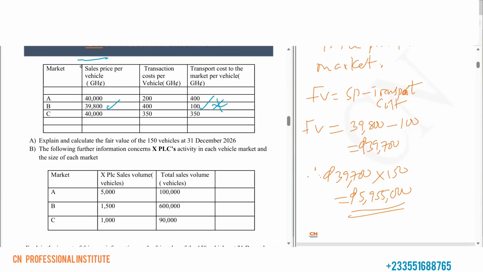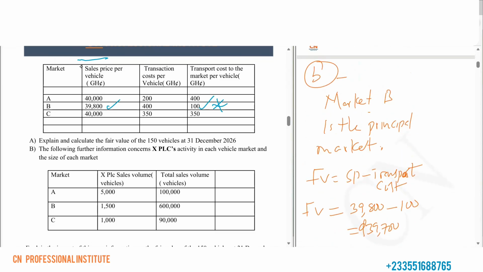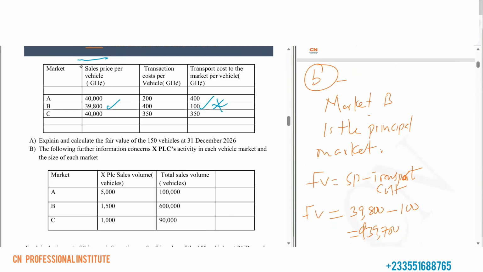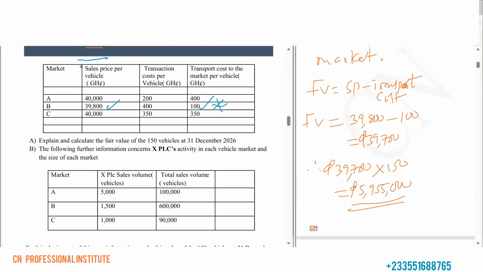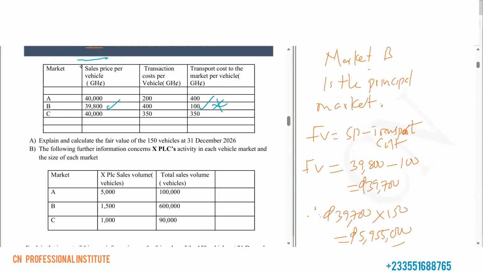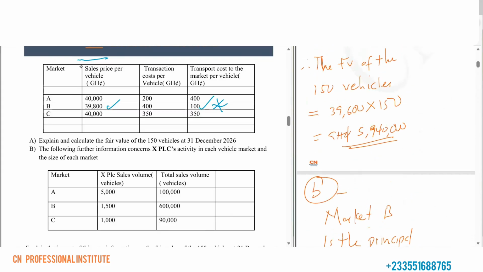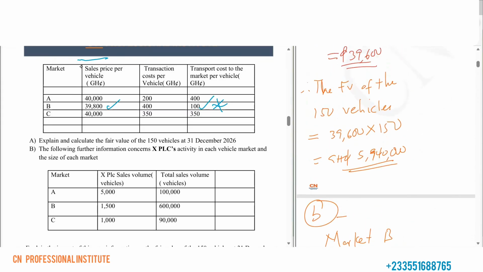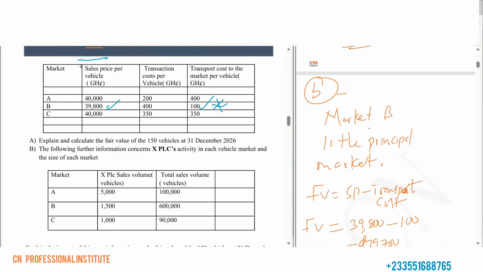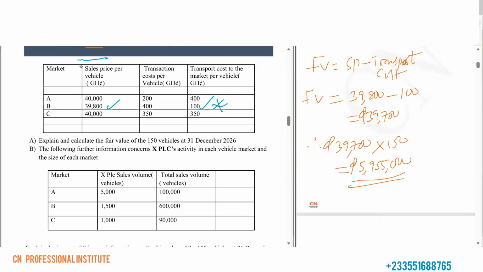So you see, this is the answer for B. So can you see how different information affects the fair value, right? If you determine the fair value from the most advantageous market, it won't be the same as the fair value from the principal market. So that is it with this question.